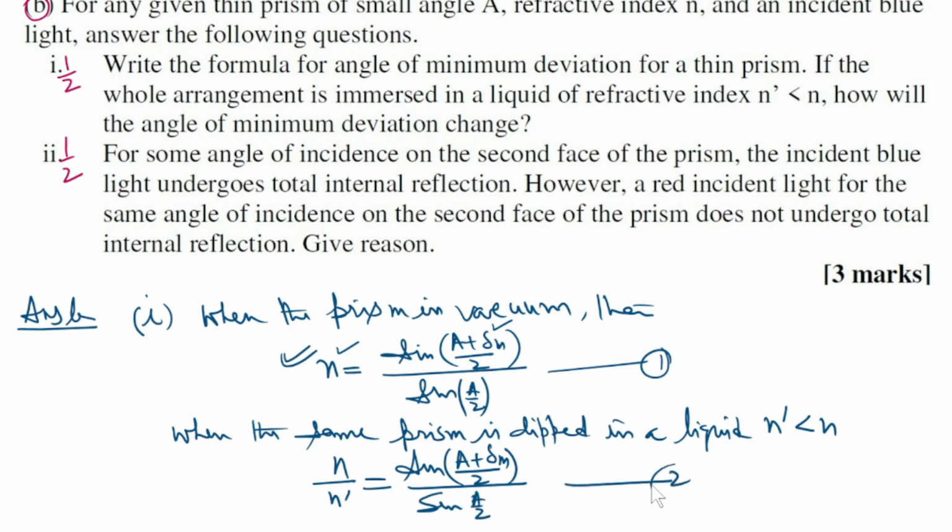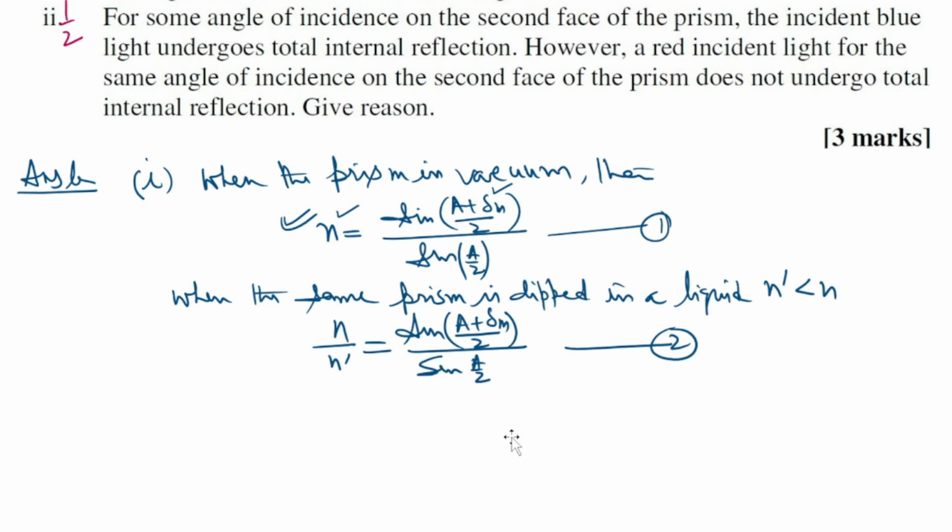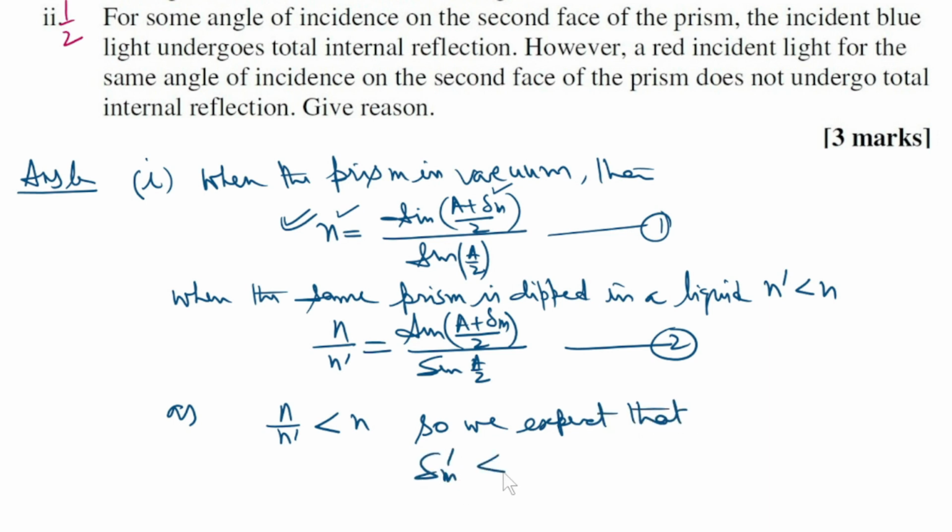This is relation number 2. As n by n dash is less than n, we expect that delta m dash should be less than delta m. This is delta m dash.